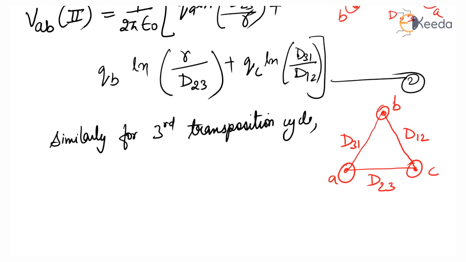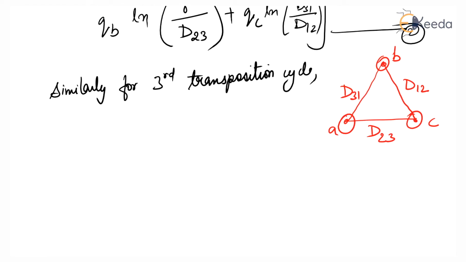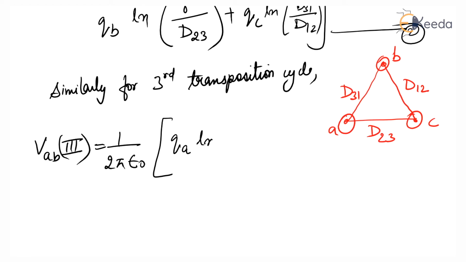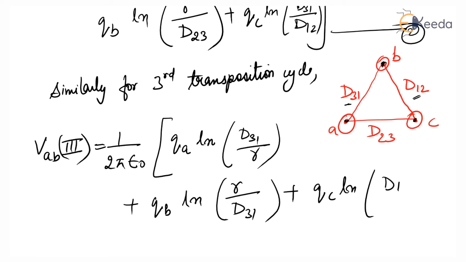Again we have to find the potential difference between phase A and B. So VAB for the third transposition cycle is equals to 1 upon 2 pi epsilon naught, QA log D31 by r from A to B, plus QB log r by D31, plus QC log D12 by D23, from B to C. This is equation number 3.